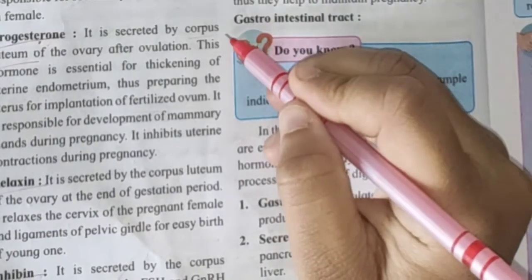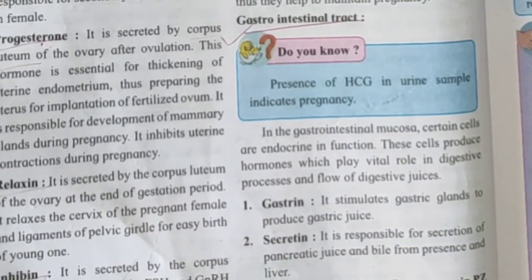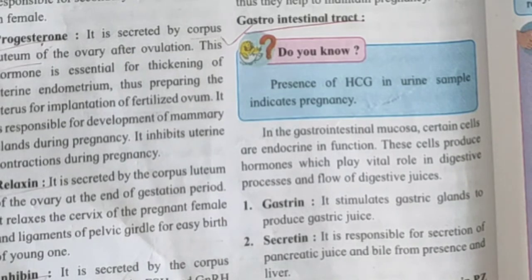Now we will see the gastrointestinal tract. Basically, the gastrointestinal tract is present in our digestive system, and this gastrointestinal tract secretes various juices, digestive juices you can say, which play a very important role in digestion.